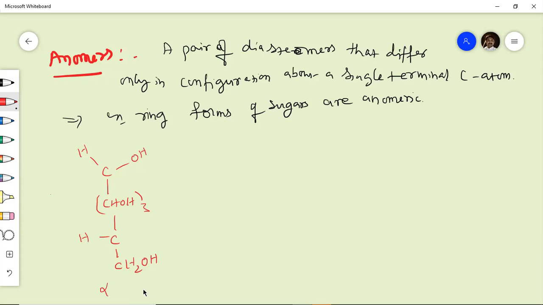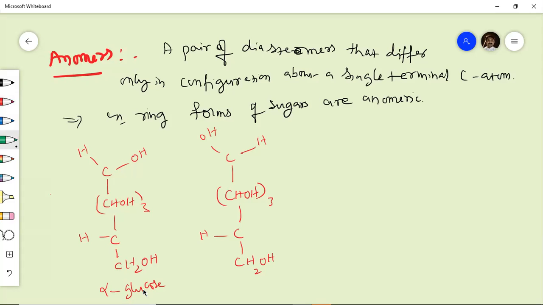This we will call alpha glucose. Similarly, we will write one more, that is beta glucose. Here also you can check that other than the terminal carbon, the rest of the compound is the same.